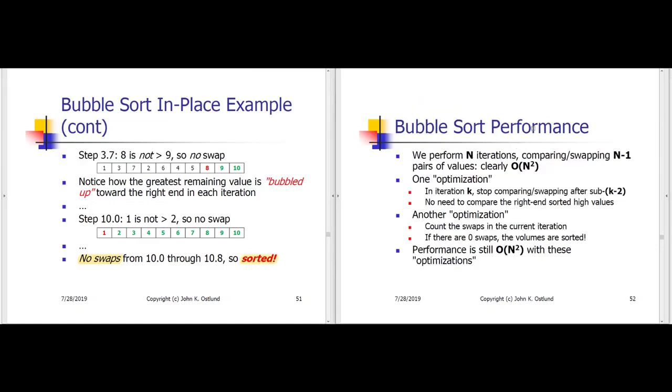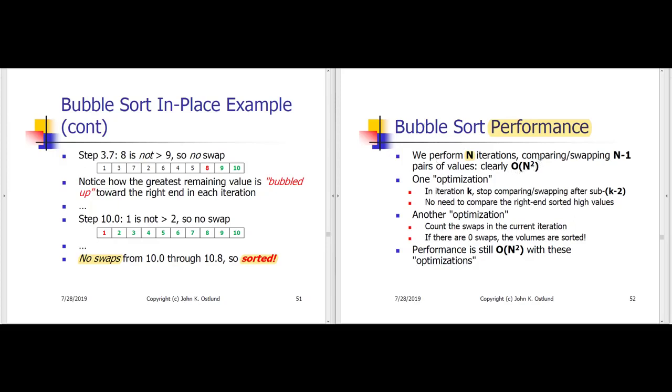All right, so let's take a look at the performance of bubble sort. Well, this one is actually pretty straightforward. We're doing n iterations. That is, because we have 10 volumes, we're going through our recipe here 10 times. And in each iteration, we compare and optionally swap n minus 1 values.